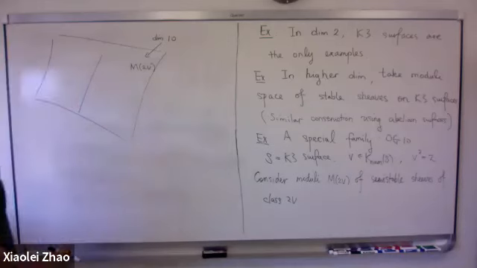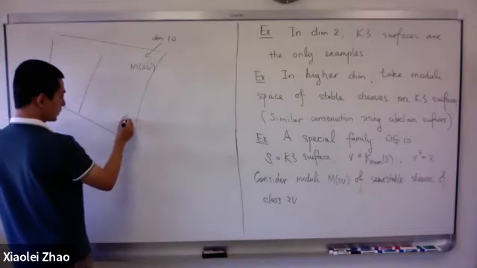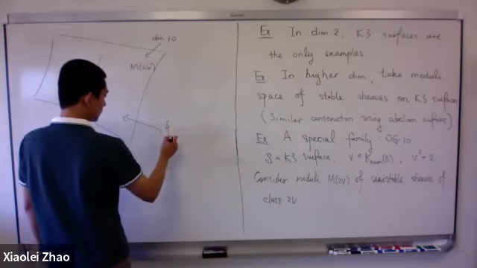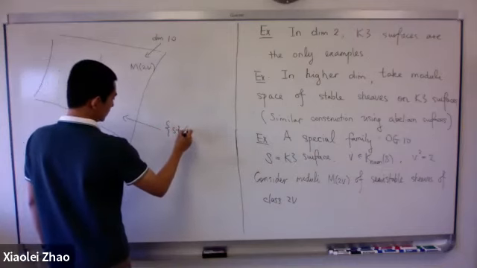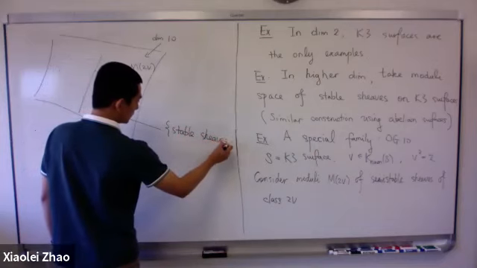Inside here, there's a big open set, which characterizes the stable sheaves. I'm looking at semi-stable sheaves, but if I look at the stable sheaves, this is an open set in this moduli space.